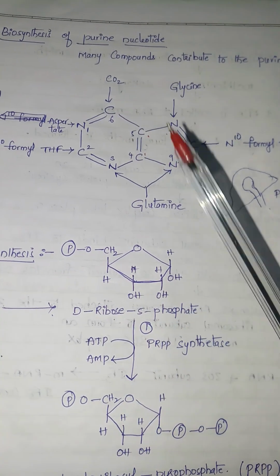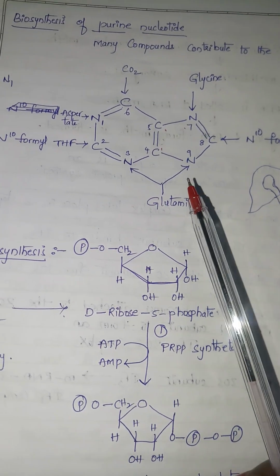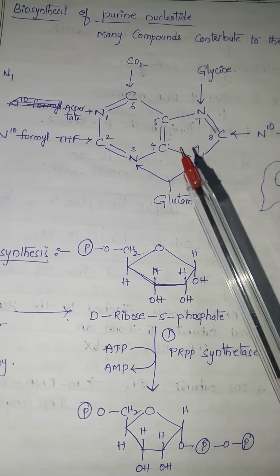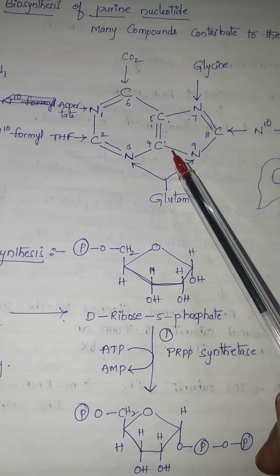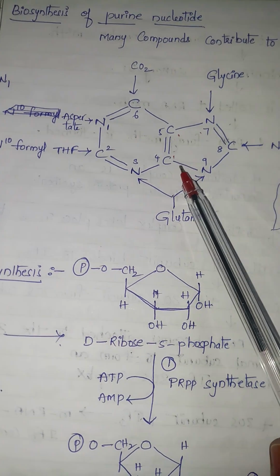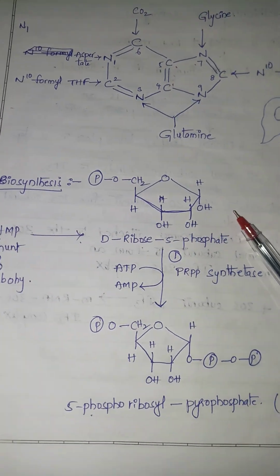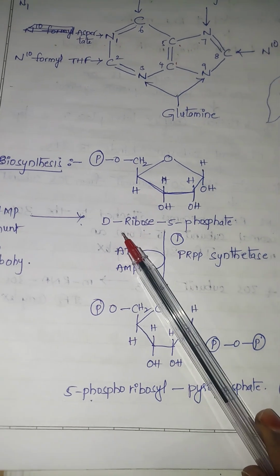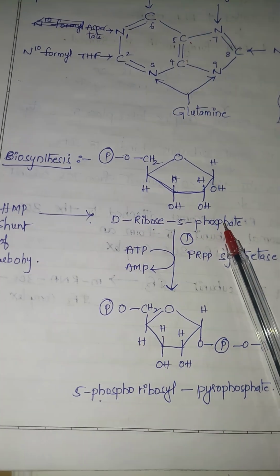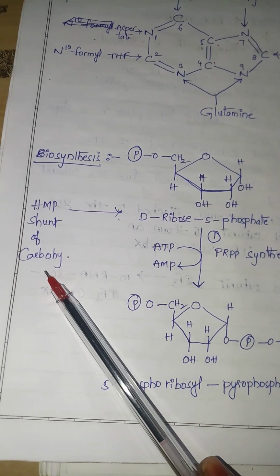It should be remembered that the purine bases are not synthesized as such, but are formed as ribonucleotides. Let me discuss the pathway. In this biosynthesis, D-ribose 5-phosphate, nothing but ribose 5-phosphate, is derived from the HMP shunt of carbohydrate.